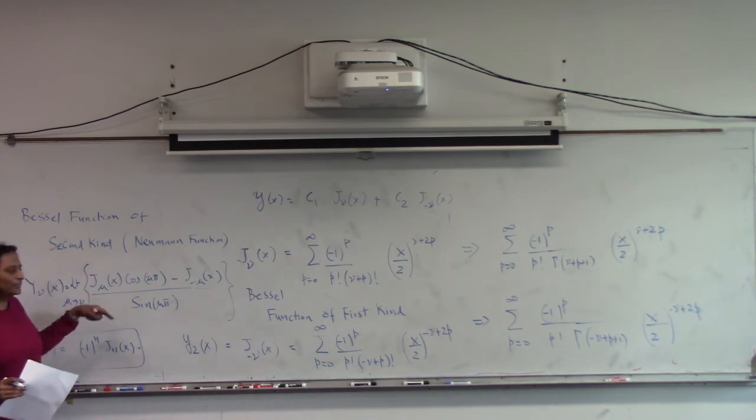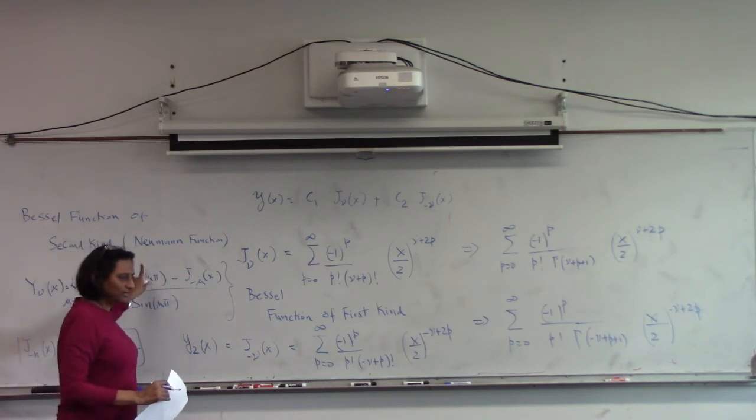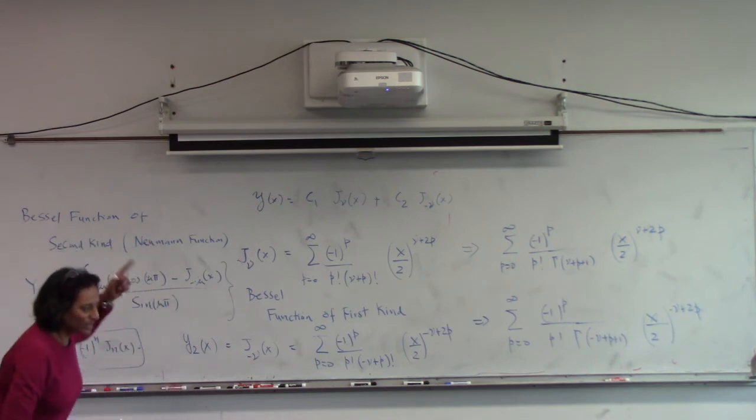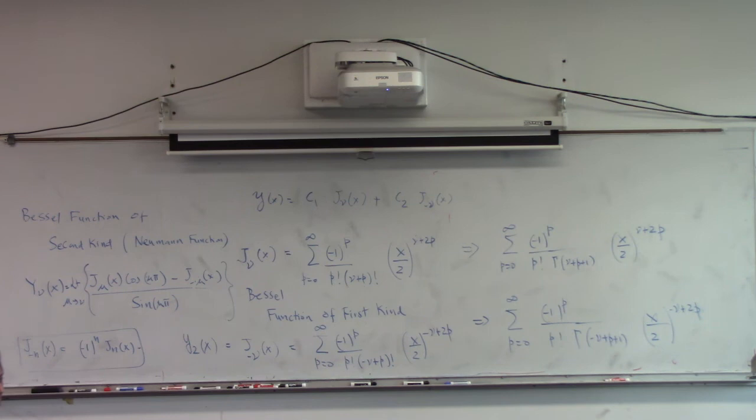Or you can think of L'Hopital's rule: because it becomes 0 over 0, you differentiate both numerator and denominator. So you form a linear combination with nu not exactly equal to n, and propose a second solution of that form. All right, that is for when nu is exactly equal to an integer.